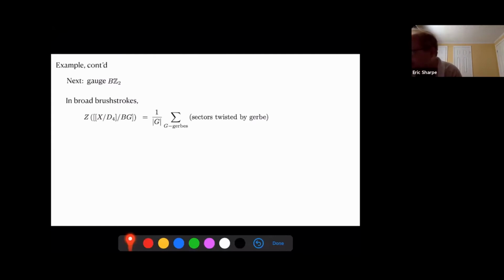Well, if I'm going to gauge a BG, I would expect that the partition function should look like 1 over the order of G times some sum over G gerbes of sectors twisted by the G gerbe in the sum. So I've got some path integral over BG non-perturbative configurations, if you will, and then in each of those I have something twisted.